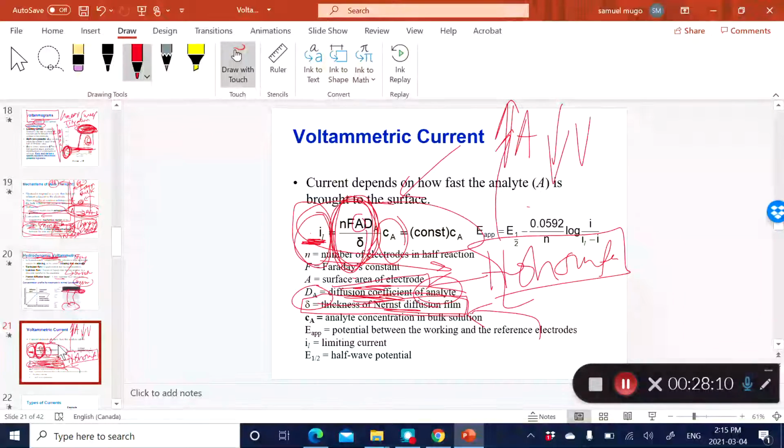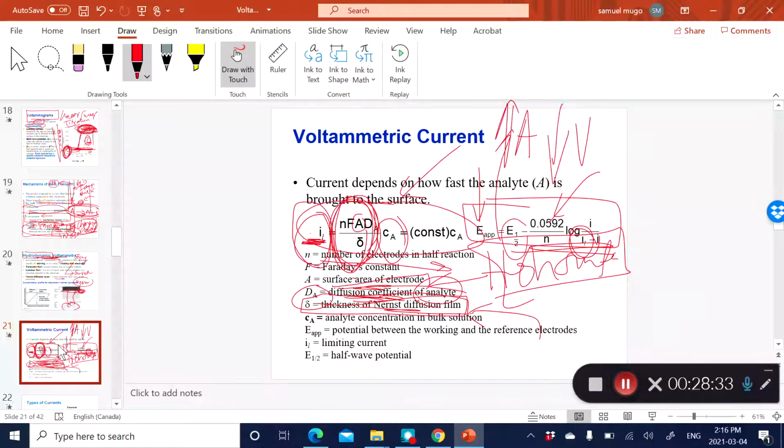Now, you can see this other equation here where the voltage of your electrochemical cell is proportional, of course, to the current, based on variables in the Nernst equation.